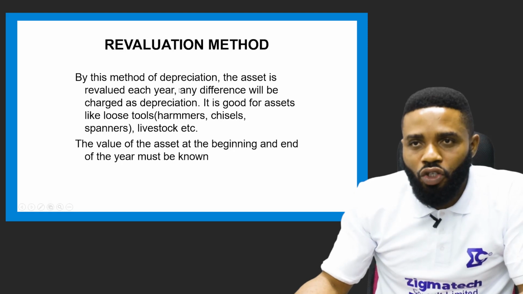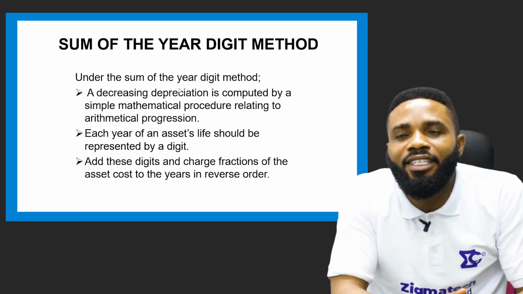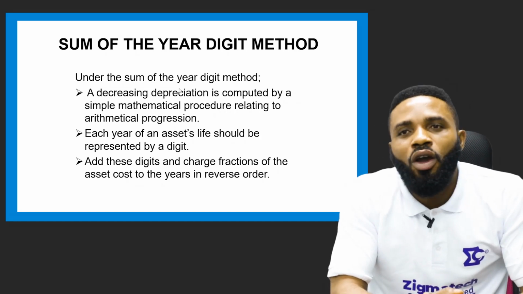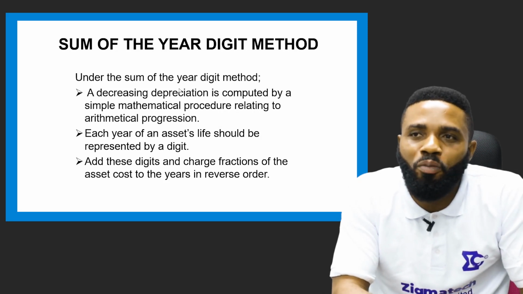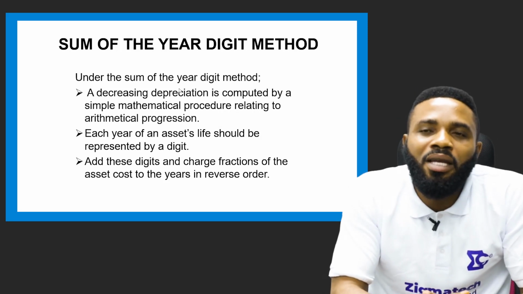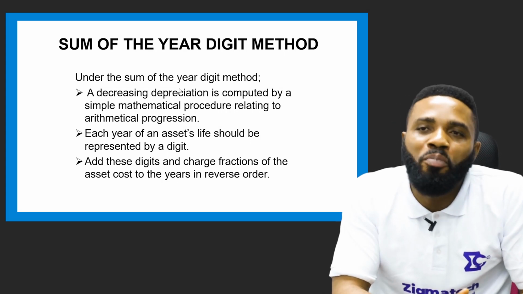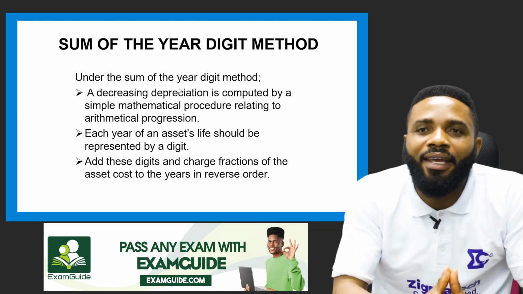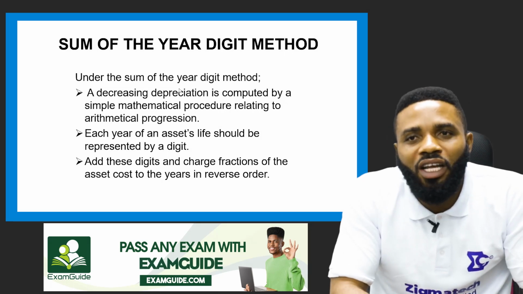The next one is what we call the sum of the years digit method. Under the sum of the years digit method, a decreasing depreciation is computed by a simple mathematical procedure relating to arithmetical progression. We said a decreasing depreciation is computed by a simple mathematical procedure leading to what?